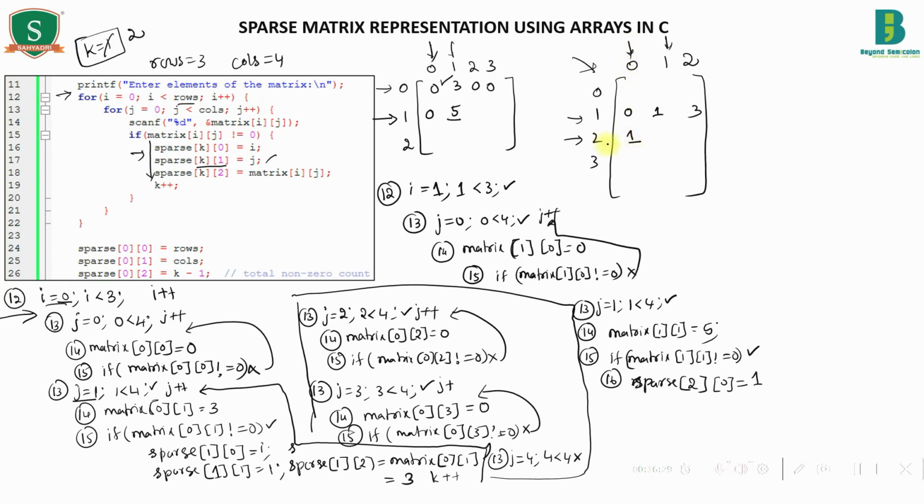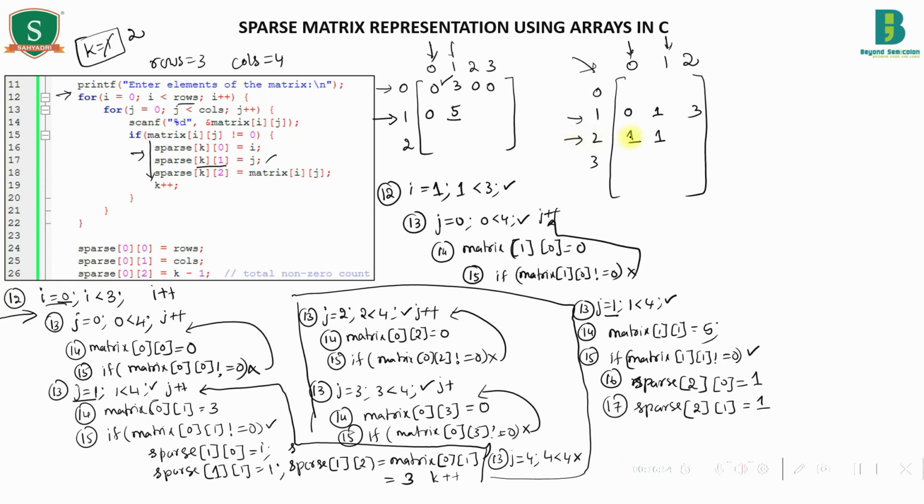That means it represents that in the first row there is an element. We need to update the column number also. Sparse of k value 2 comma 1 is equal to j. Currently j value is 1. We mention here in the second row, first column, 1 as the value.